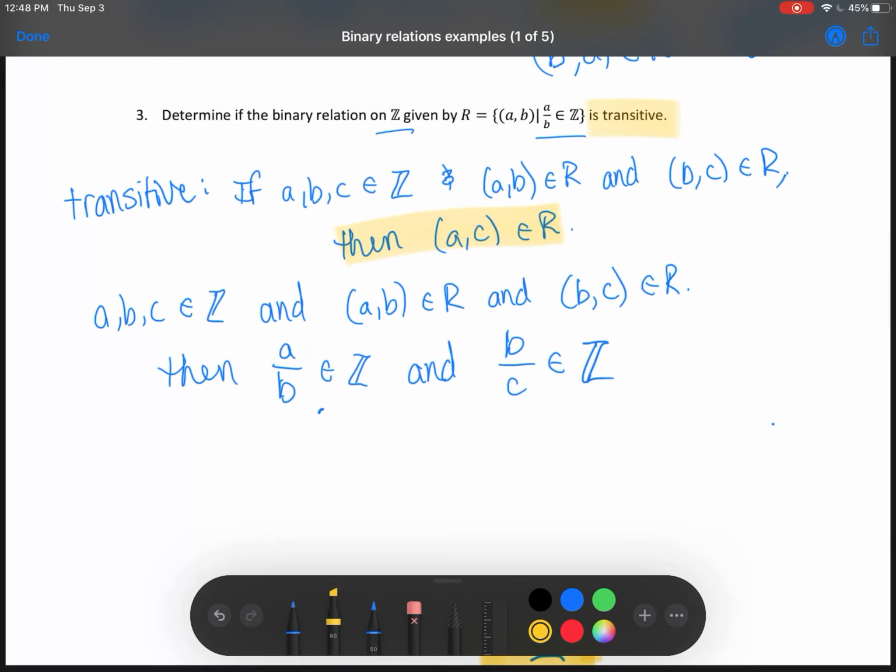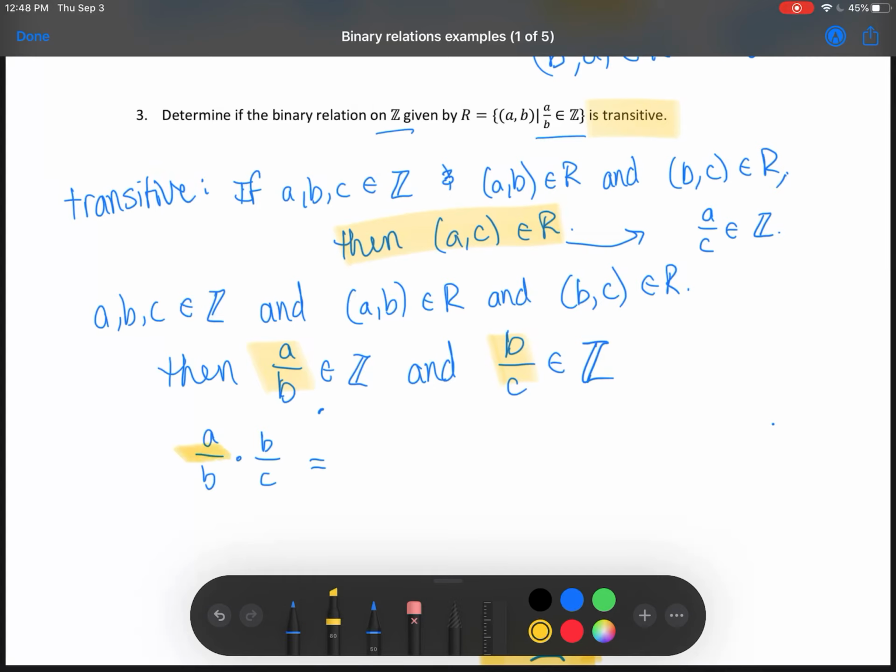Well, A comma C being in the relation in this case means that A divided by C is an integer. All right, well, how do we get there just knowing some stuff about A divided by B and B divided by C? Well, one thing that we could do is A divided by B times B divided by C. And the reason that we want to do that is for two reasons.